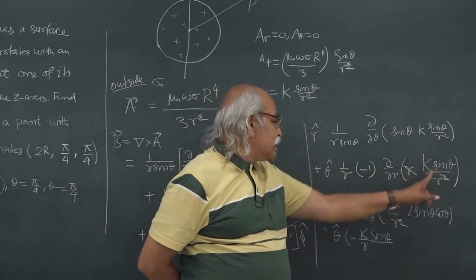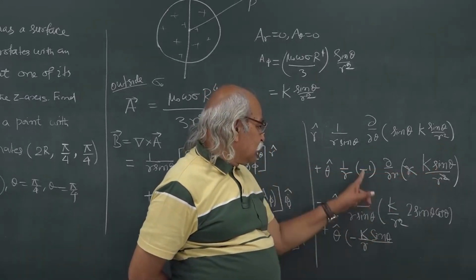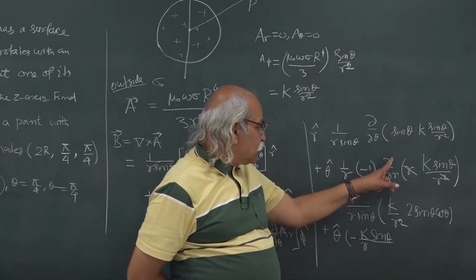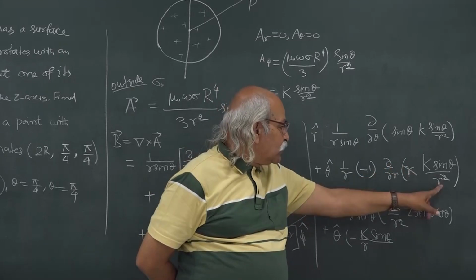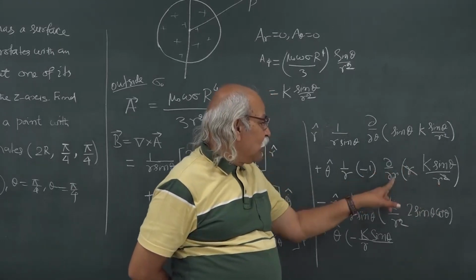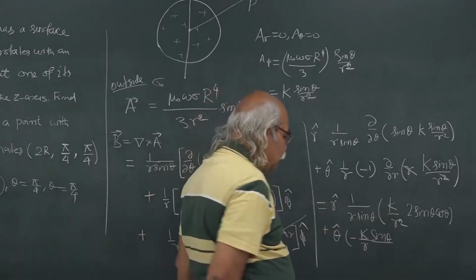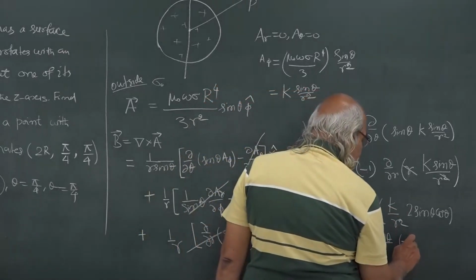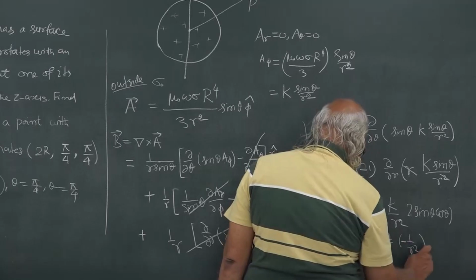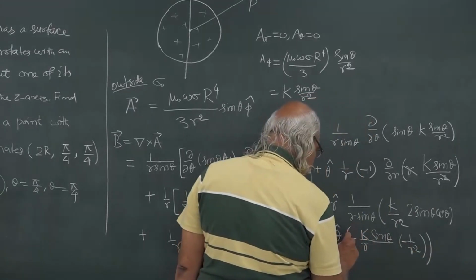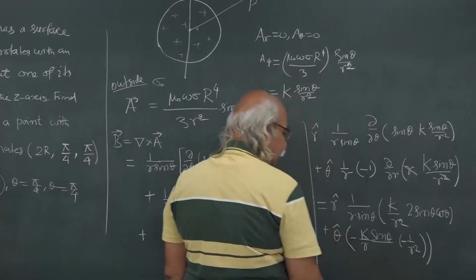So this whole k sin theta will come here, this minus is here, this 1 by r is here. Now I have to differentiate 1 by r with respect to r, and differentiation of 1 by r with respect to r is minus 1 by r square. So that is theta cap.